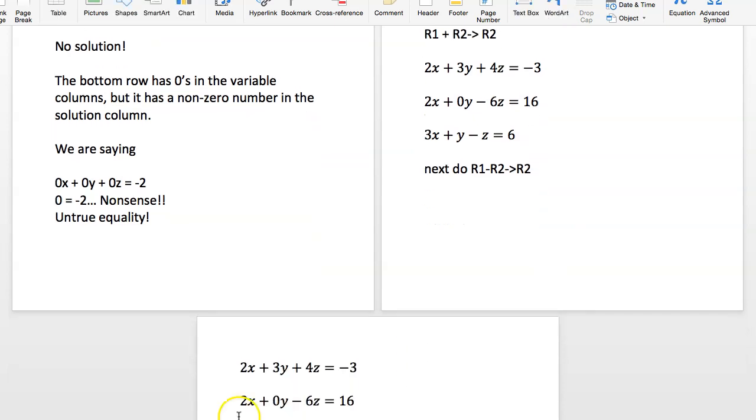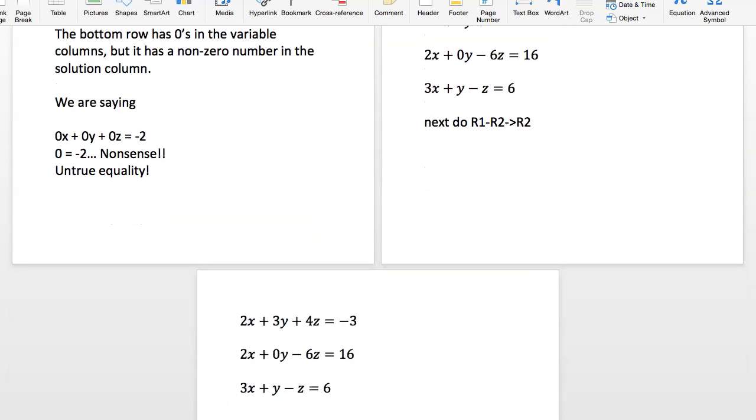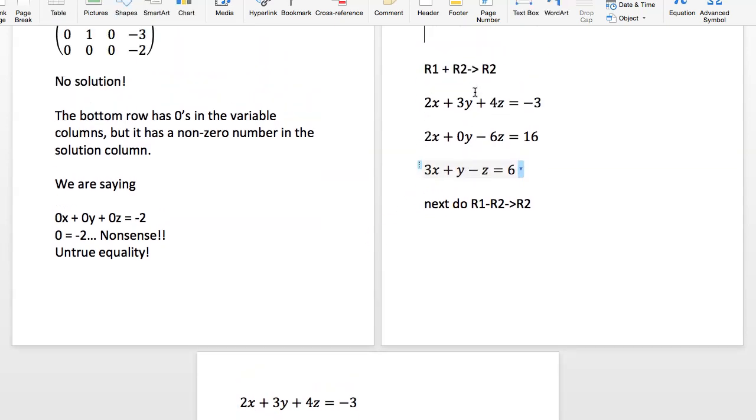But you can solve this the equation way, and what's going to happen is you put this in row 2, so you're going to get, now you don't want 0, well, wait, yikes. You know what, I put 0y in a bad place, didn't I? I sure did. That was on the diagonal, wasn't it?